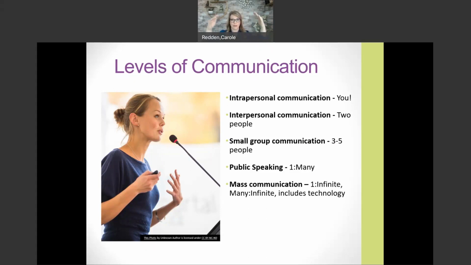Then we go to mass communication, which can be 1 to an infinite number, let's say online, or it can be multiple communicators infinitely communicating online. The difference between each of these levels, as you probably have guessed, is the number of people involved.